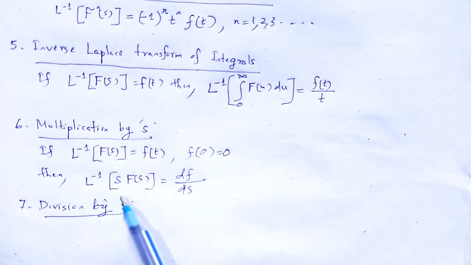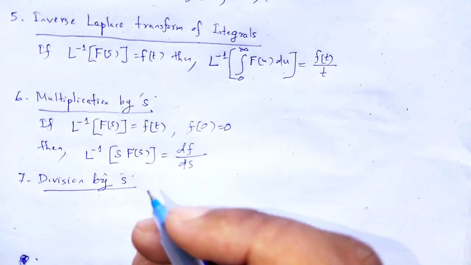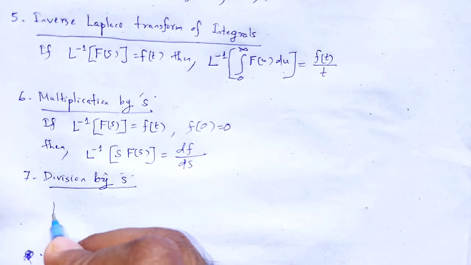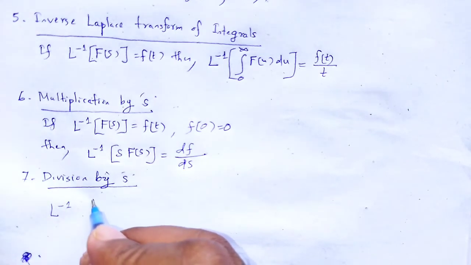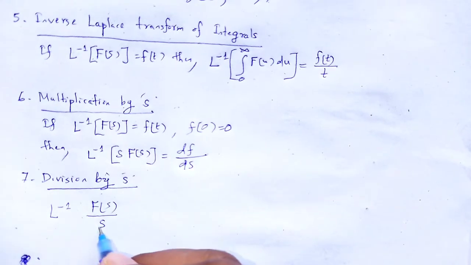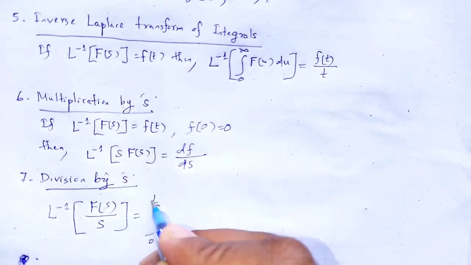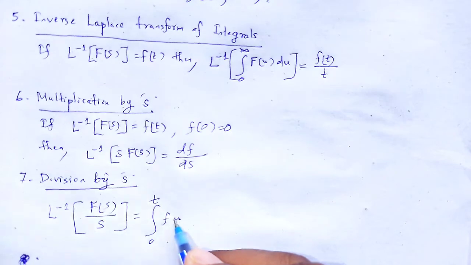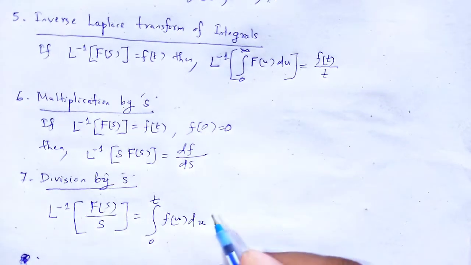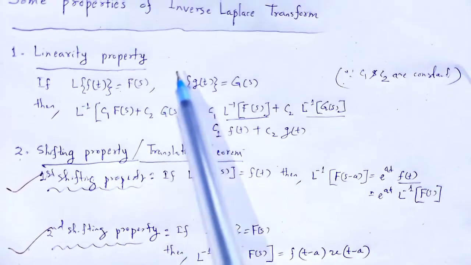If s is divided, then what should be the inverse Laplace transform? Inverse Laplace transform of F(s) divided by s results in integration from 0 to t of f(u) du. These are some basic properties in case of inverse Laplace transform.